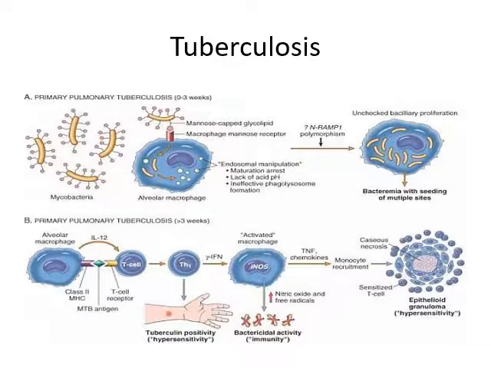Now the other two types of type 4 hypersensitivity are tuberculin and granuloma. To understand that, first of all we need to understand tuberculosis. In tuberculosis there is a primary infection, so primary pulmonary tuberculosis, and during the initial phase this Mycobacterium tuberculosis is phagocytosed by the macrophage. Routinely, this macrophage would digest Mycobacterium tuberculosis and it will lead to immunity.